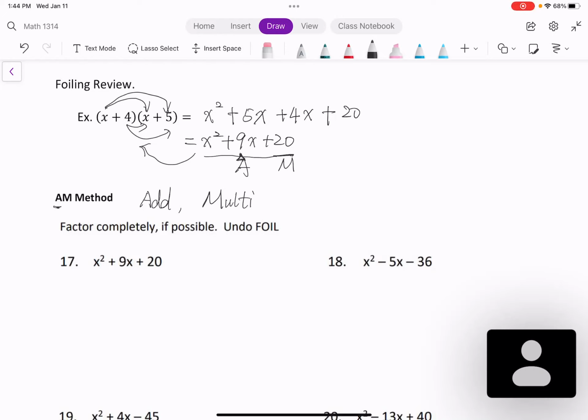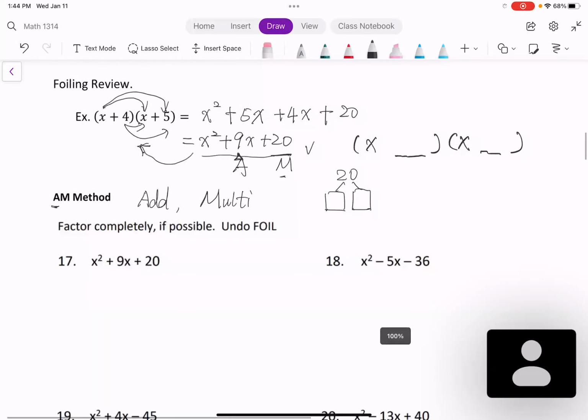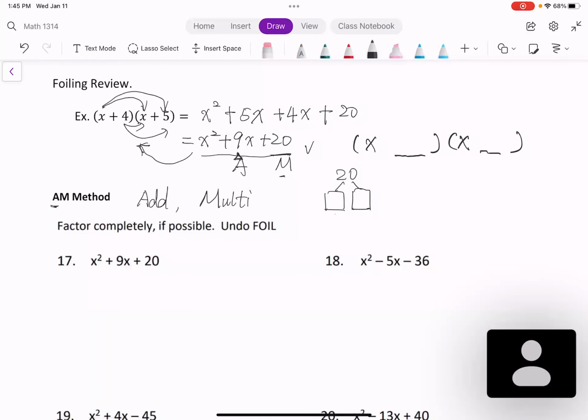If I want to convert this trinomial to the factored form, into the form of x blank multiplied by x blank, I need to find what goes here. The multiplication means the multiplication of two numbers. Addition means the addition of these two factors can make a 9.